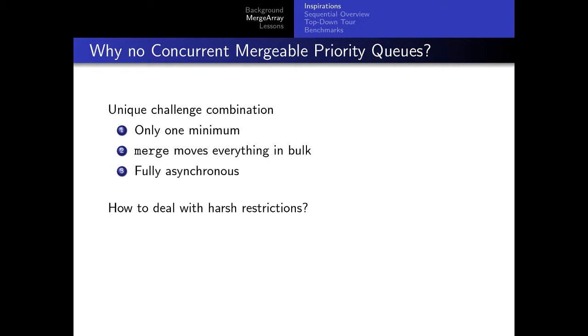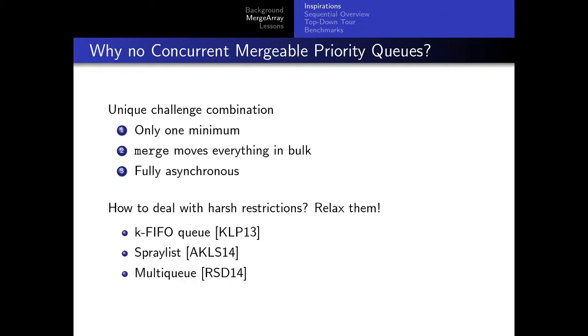Yeah, well, the main thing I'm trying to get at here is that what you do is you relax your restrictions. Some of the inspiration for merge array comes from some of these concurrent data structures that are relaxed.